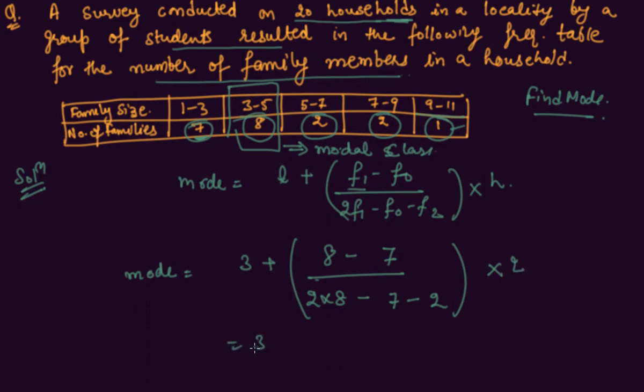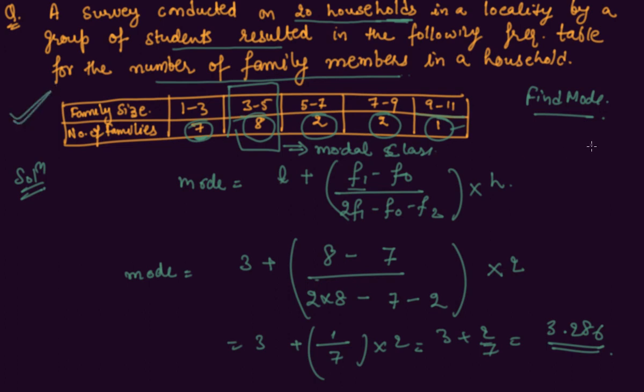So this is 3 plus 1 by (16 minus 9), that is 7, into 2, which equals 3 plus 2 by 7, which is 3.286.